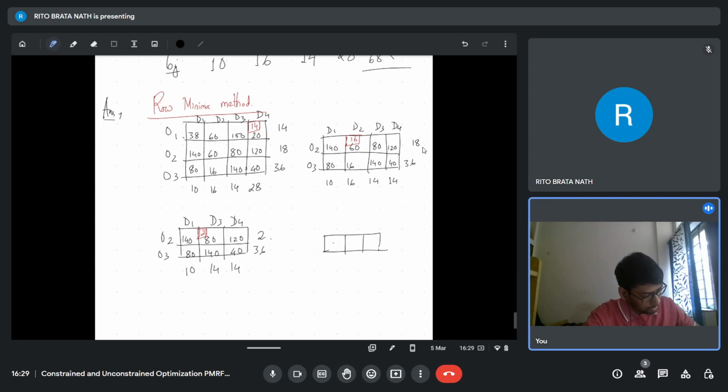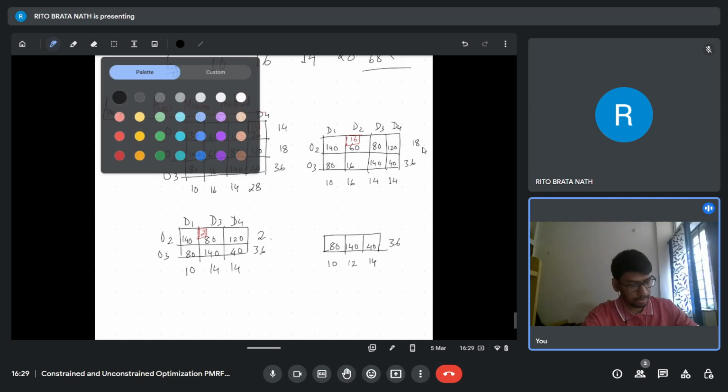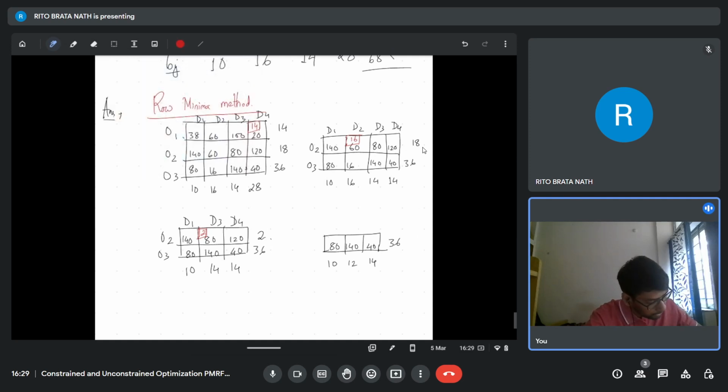Okay, so this is 80, 140, and 40. This is 36, this is 10, this is 12, this is 14. Now let's allocate something here. So 80 is the minimum one. You can allocate 10 here, right? So that's another step.